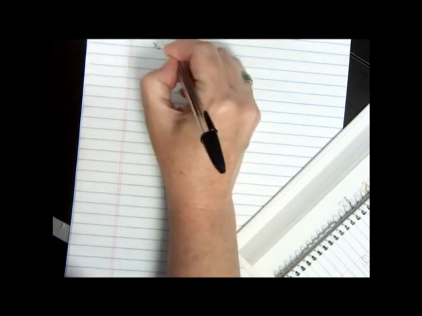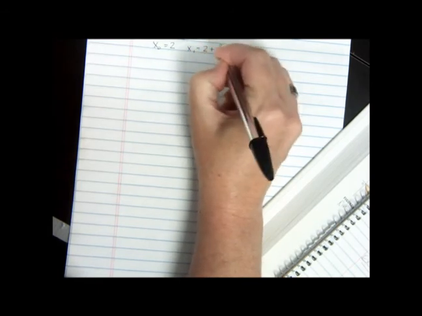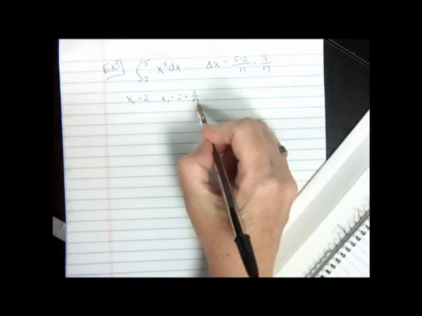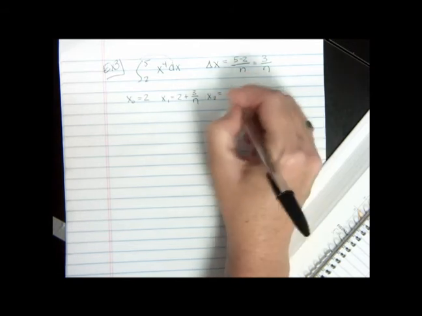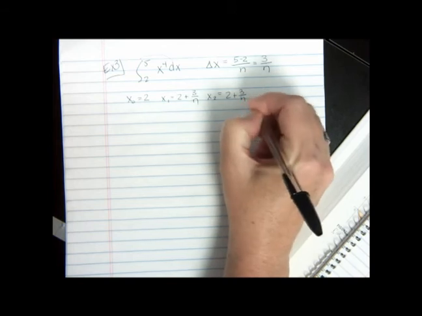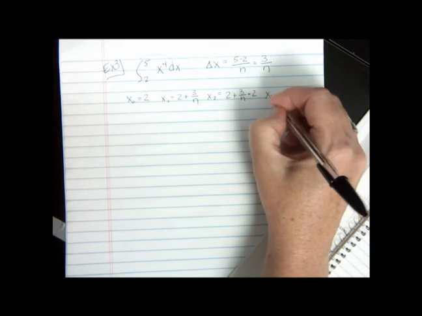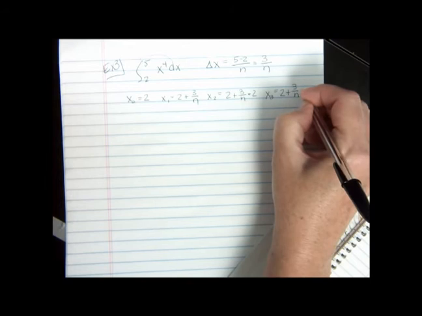My x sub 1 is going to be 2 plus that width, and whatever that width is will depend on how many rectangles I have. Then I continue with 2 plus 3 over n, and 3 over n again, so I'm actually multiplying this by 2. And then my x3 is going to be 2 plus 3 over n, done 3 times, so I multiply it by 3.